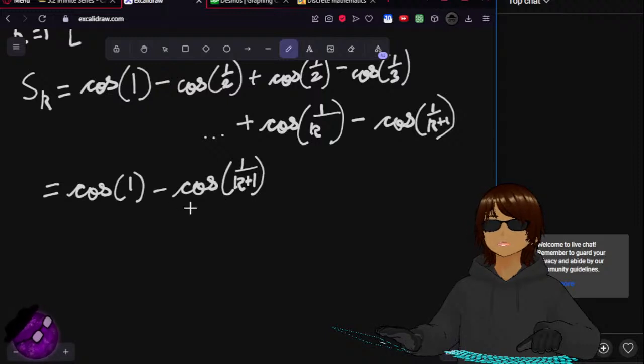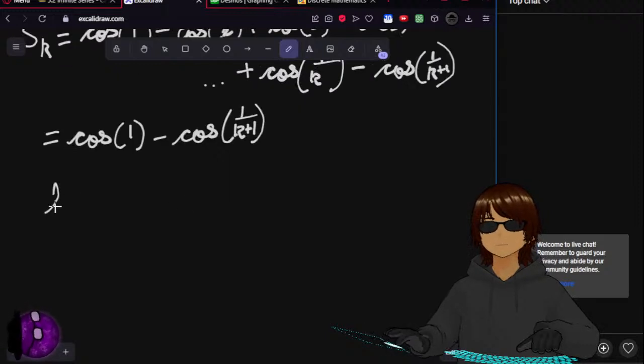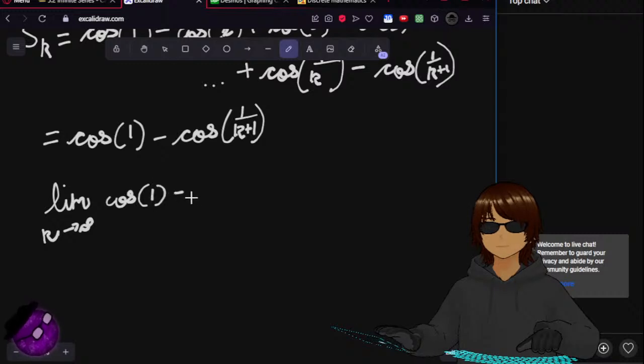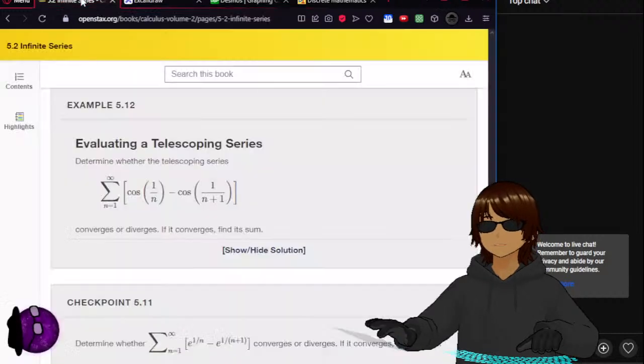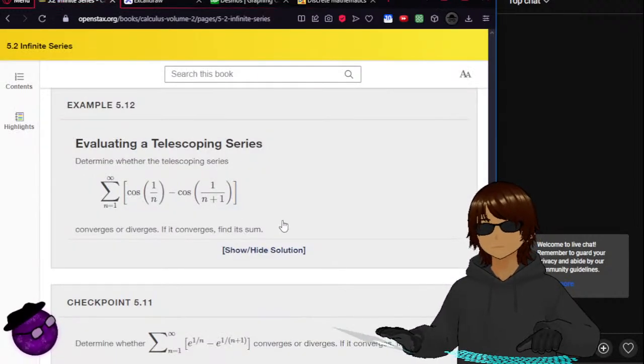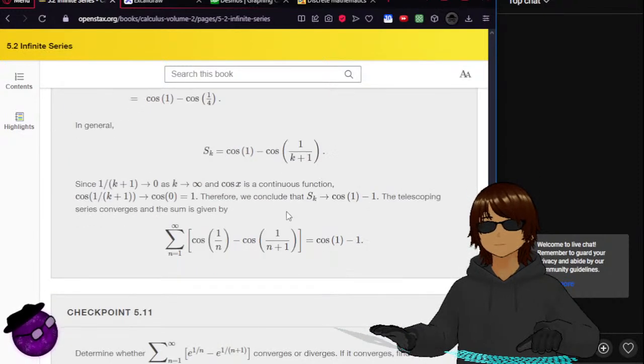Then cos 0 is 1. So it's cos 1 minus 1. Yes.